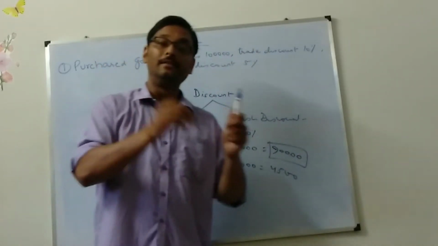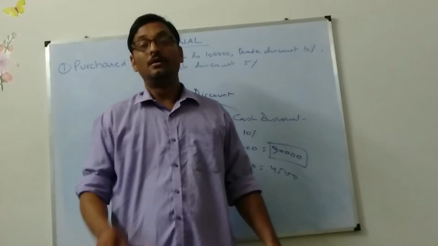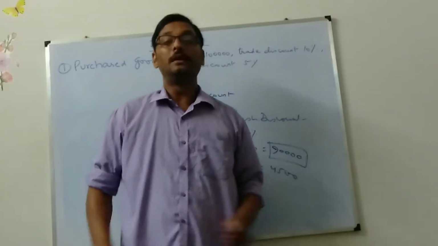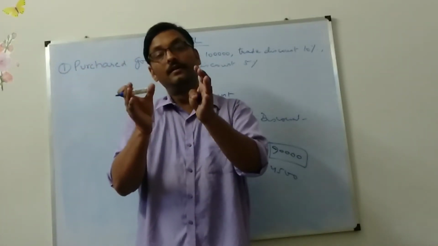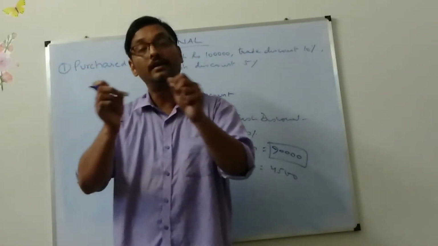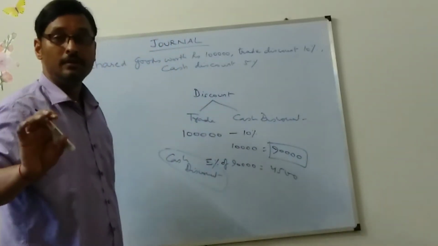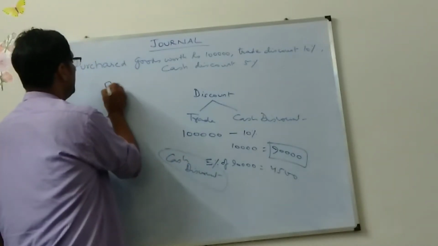When you are trading in it, you never say, "Hey, go put the saman away," by giving the name of that item. You say to your employees, "Saman rakh lo." So saman is the goods which you are trading in. So here you don't need to give the name of the goods. So what will you write? Purchases.